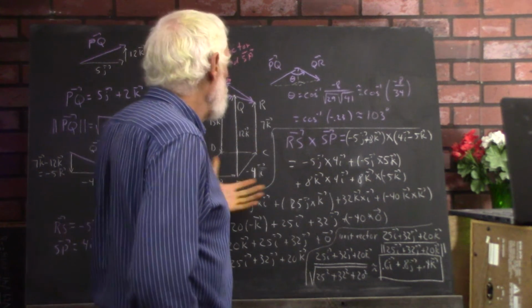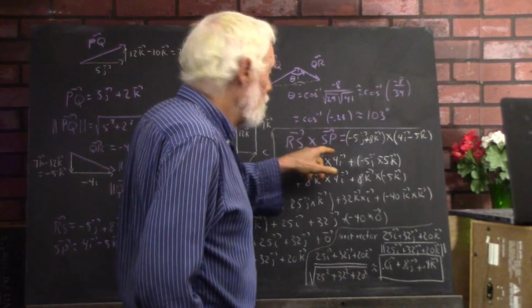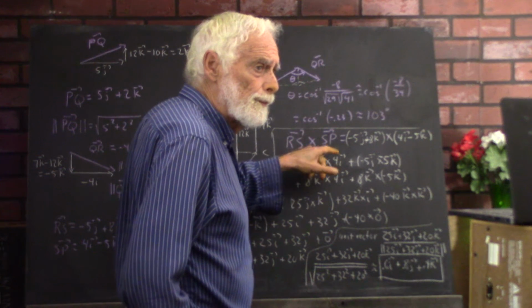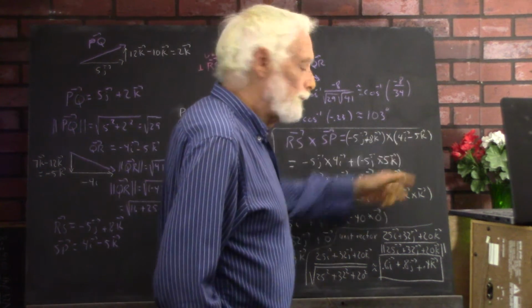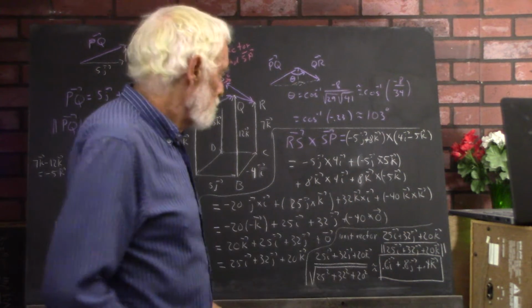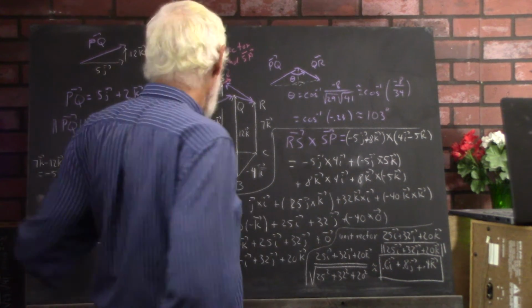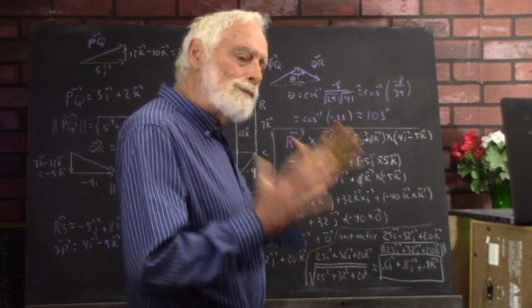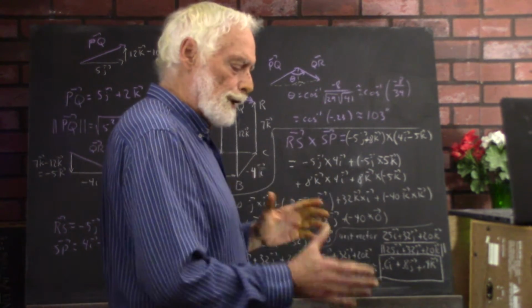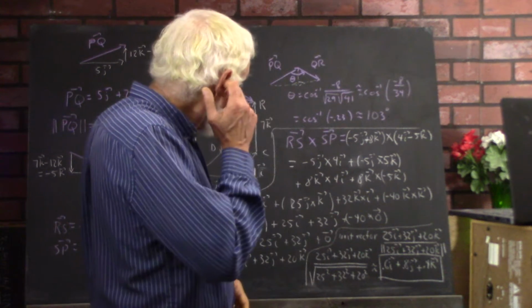Okay, then we calculate RS cross SP using the definitions in the board that I just showed you when it included the cross products of all the I's, J's, and K's with one another.